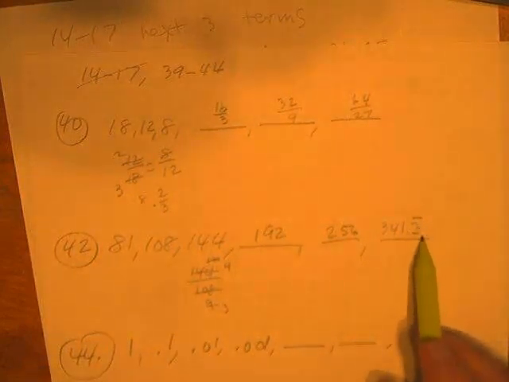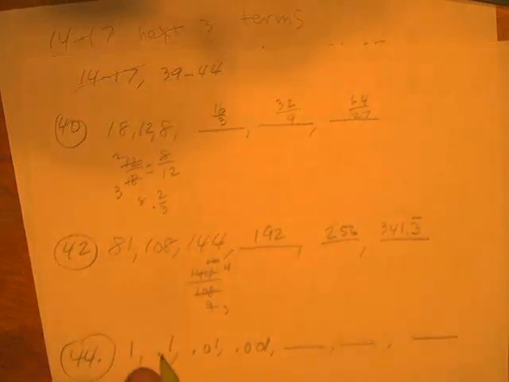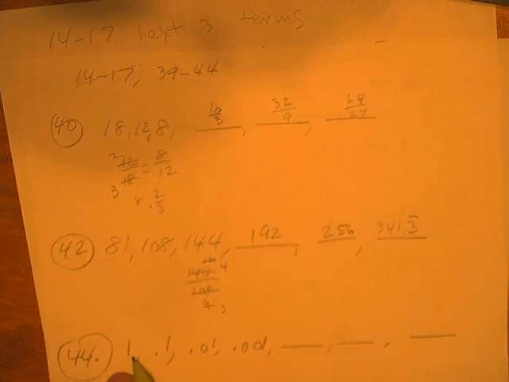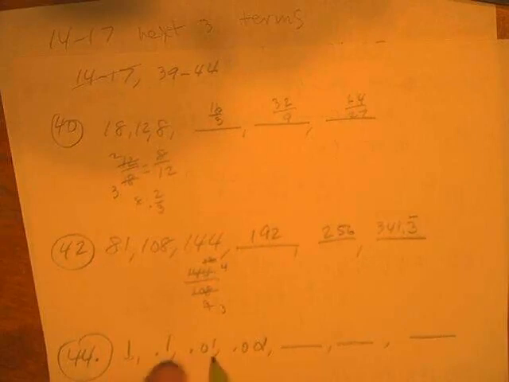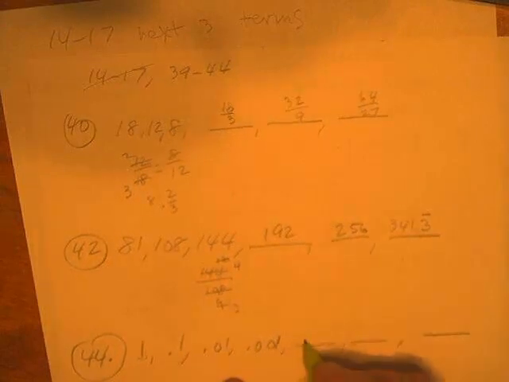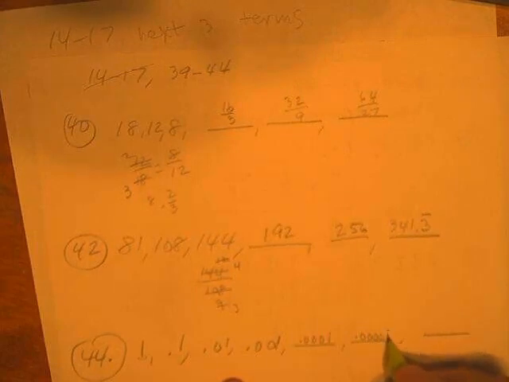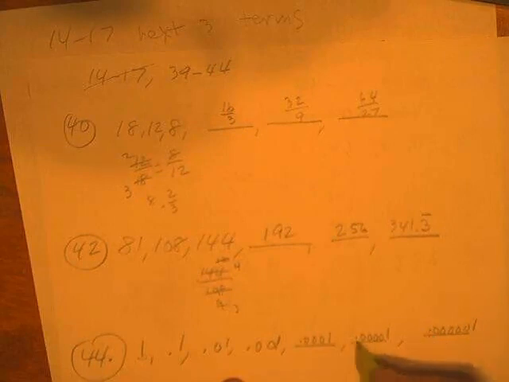Make sure you do the repeating. Oh, look here, the decimal's moving. No zeros. The decimal moved from here to there. Actually, it moved from here to there. 1 zero, 2 zeros, 3 zeros, 4 zeros, 5 zeros. And there's that one.